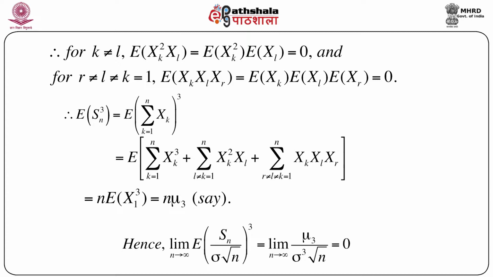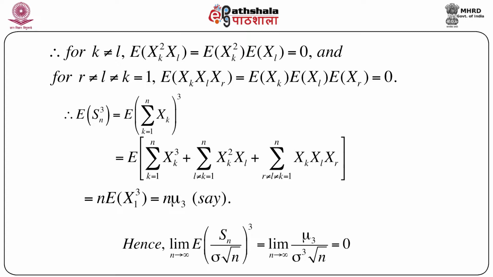Hence, if we divide by sigma root n, that is, Sn by sigma root n whole cube, there is a power in the denominator of n to the power 3 by 2. If we take the limit as n goes to infinity, the expectation of Sn by sigma root n whole cube equals, in the numerator n into mu 3, and in the denominator n times root n.